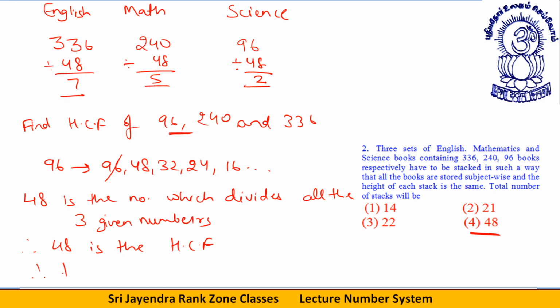So total stacks 7 plus 5 plus 2, that is 14 stacks. Option 1 is your answer. Okay, dear students, let's move to the next one.